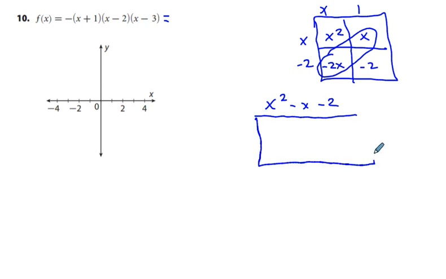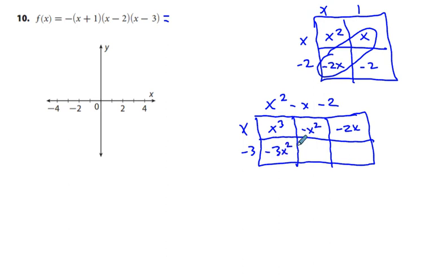So we'll create another box for this x minus 3. We have x cubed, and then x times negative x squared, x times negative 2x. We have negative 3 times x squared, we have negative 3x squared.